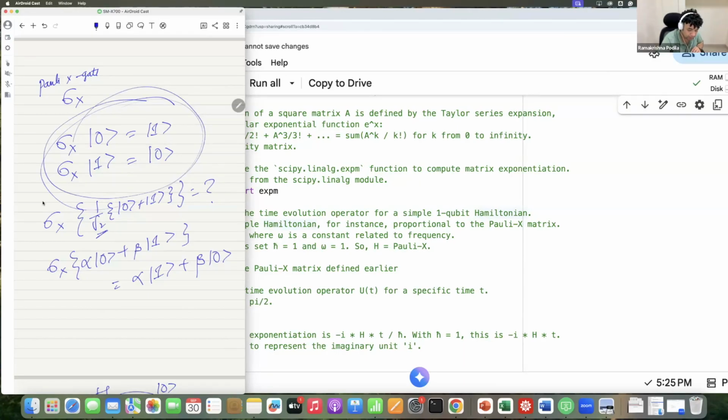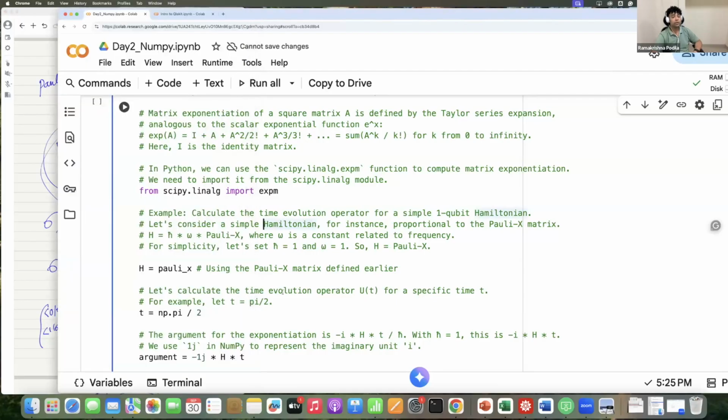There would be 4 elements: the first would be 0 sigma X 0, this would be 0 sigma X 1, this would be 1 sigma X 0, and this would be 1 sigma X 1. That's how we would build the sigma X matrix using the matrix elements. We already defined this matrix before, so I don't have to redefine it.